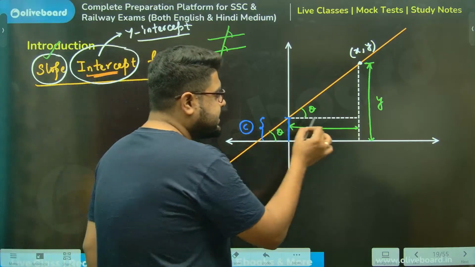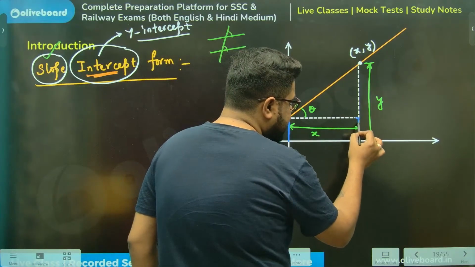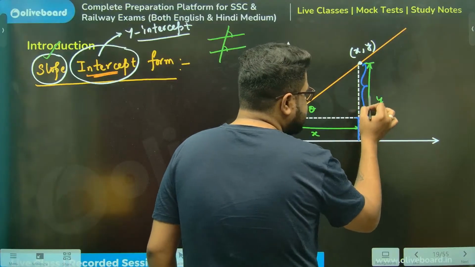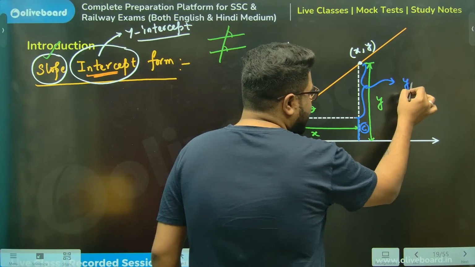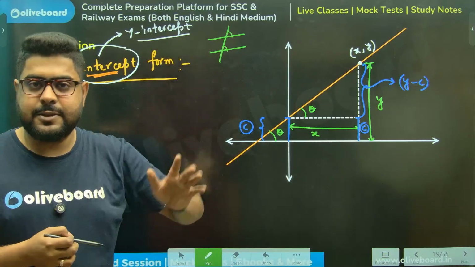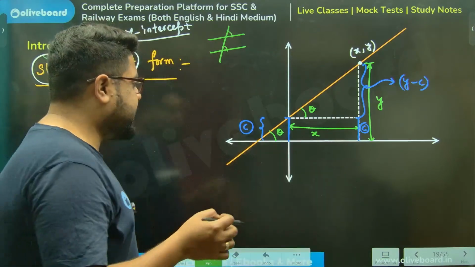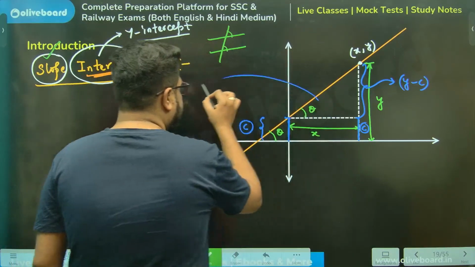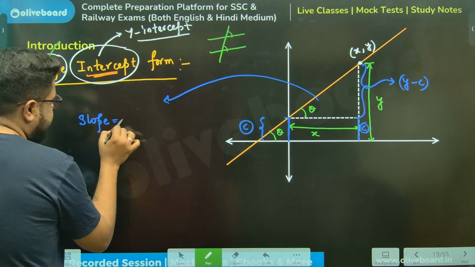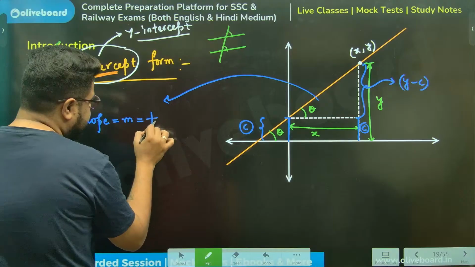So if this is c, can I say this is also c? For this triangle, this much is y minus c, because the total is y and this much is c. Now, slope m is equal to tan theta.